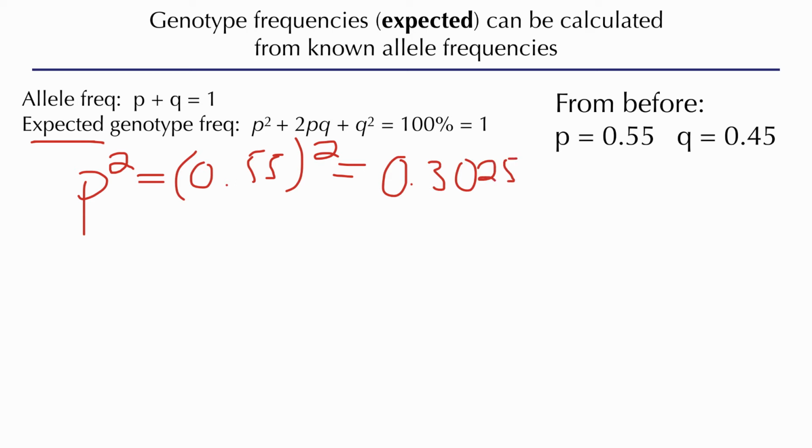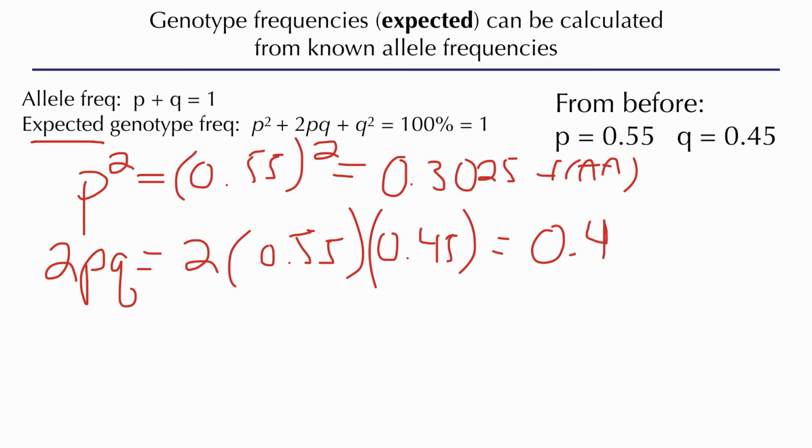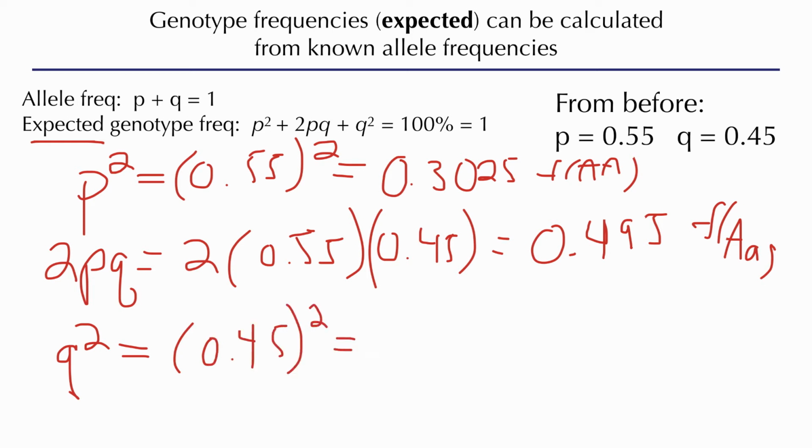So that's the expected frequency of the big A. And then we have 2pq, which is our heterozygous, so 2 times p times q, and that gives us 0.495. And remember, that's the frequency of the heterozygote. And the frequency of the homozygous recessive, 0.45 squared, equals 0.2025. And so hopefully these add up to 1, so you can double check you did your math right.